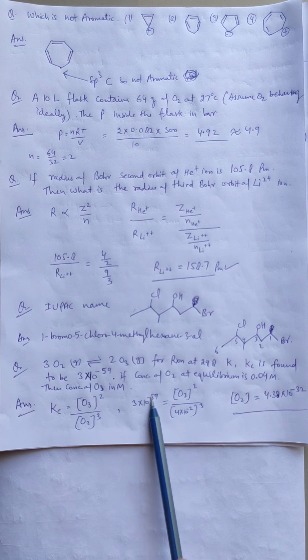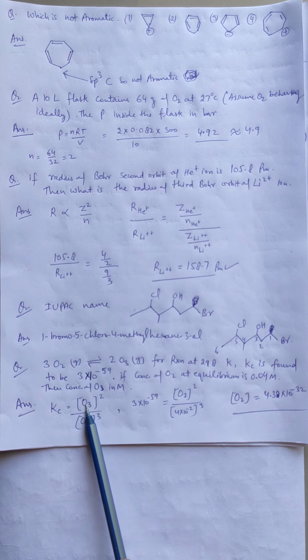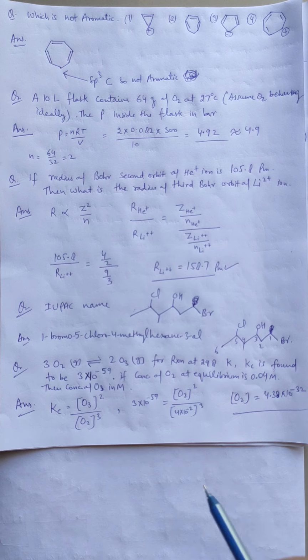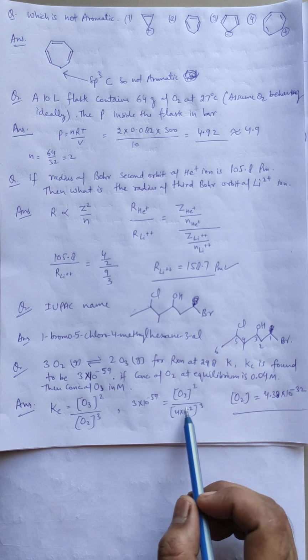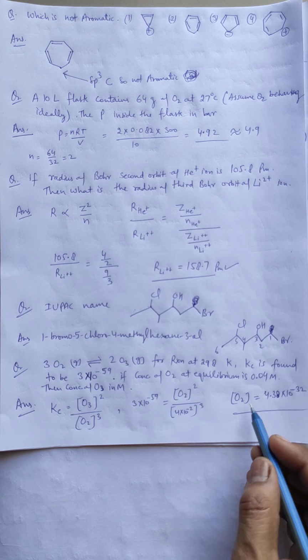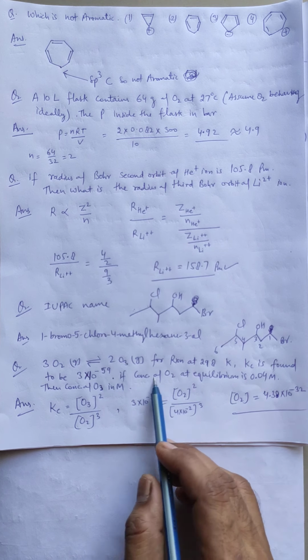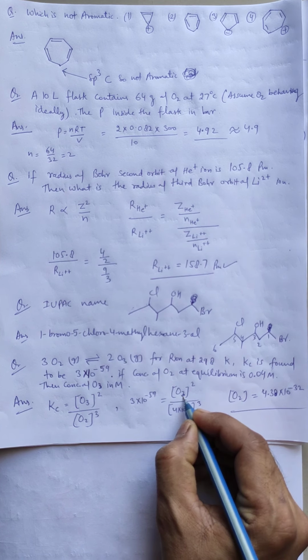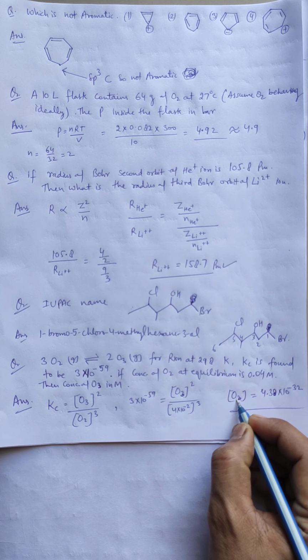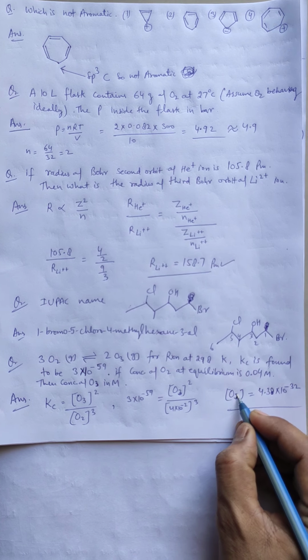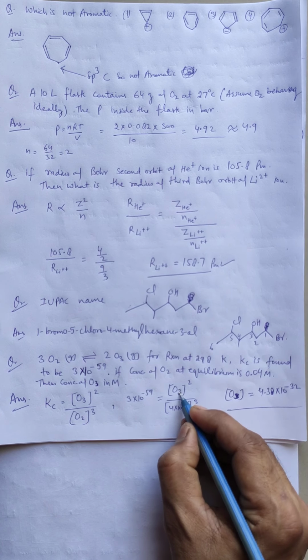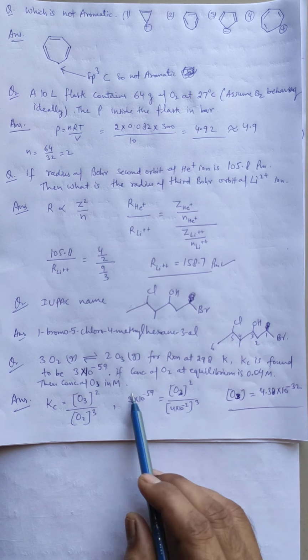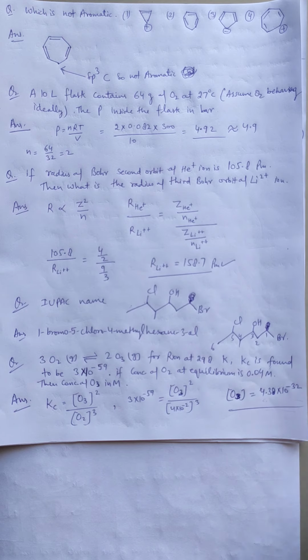Kc is given as 3 into 10 to the power minus 59. The concentration of O2 at equilibrium is given, and you have to find the concentration of O3. So after cross multiplication, the O3 concentration will be 4.38 into 10 to the power minus 32.